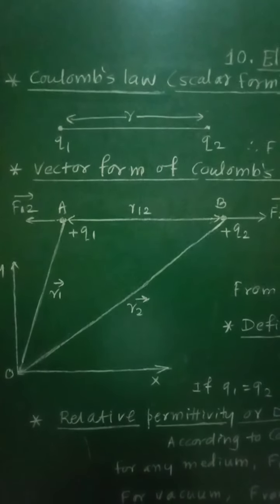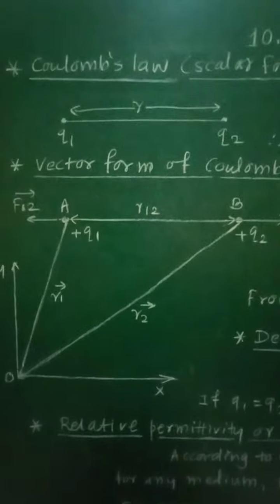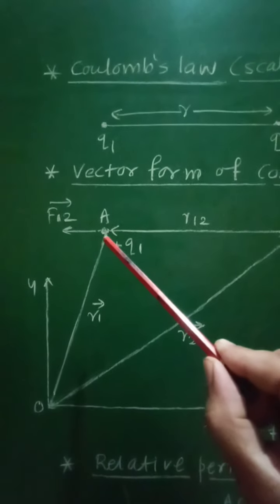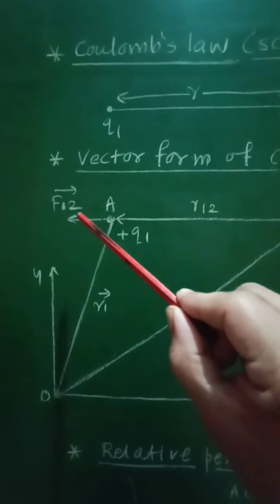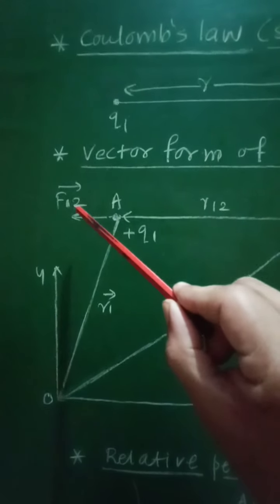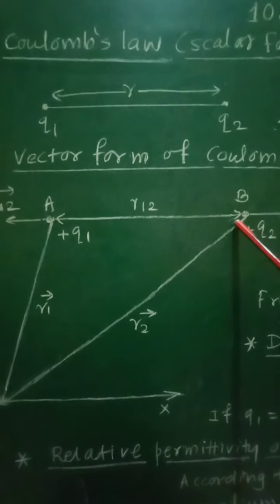Now there will be two forces acting on these two charges, that is F12, that is the force which is directed away from charge Q1, and this F12 force is the force acting on charge Q1 by charge Q2.